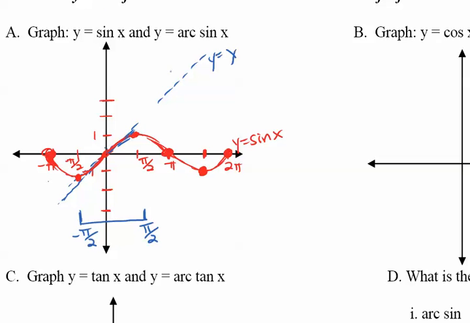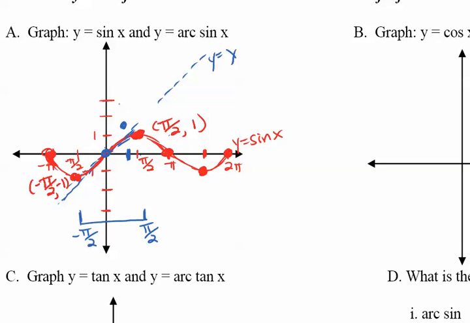All right, if we think about our ordered pairs on our graph, here we've got pi over 2 comma 1, and here we've got negative pi over 2 comma -1. So now when we do our inverse, we know that the x's and the y's trade places. So the endpoint pi over 2 comma 1 is now going to be at 1 comma pi over 2.